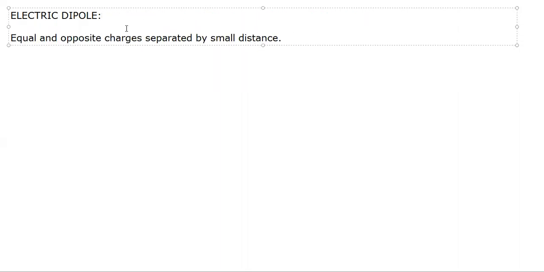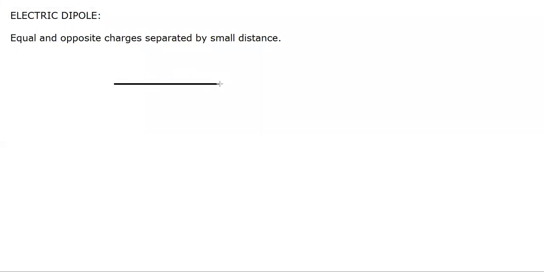I will write down here: equal and opposite charges separated by small distance. This is called electric dipole. This is a definition. Now I will show you a diagram of electric dipole.